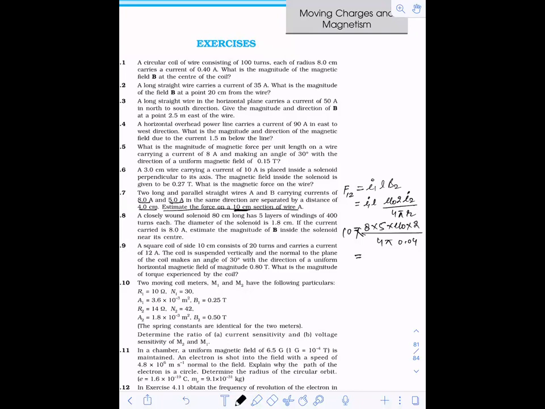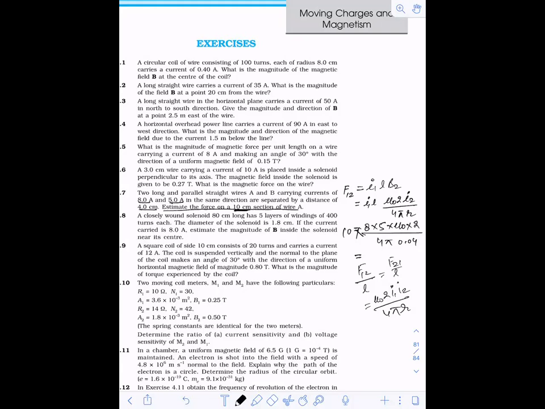So I should have calculated F12 divided by L, or F21 divided by L, and the result would be mu naught 2 I1 I2 divided by 4 pi R. L would not be there. L would be in the denominator on the left hand side. That would be the answer if I were asked to calculate the force per unit length.